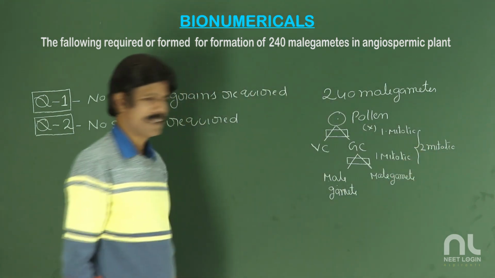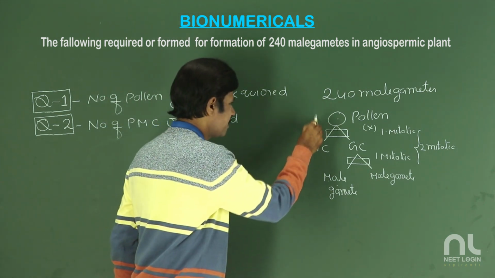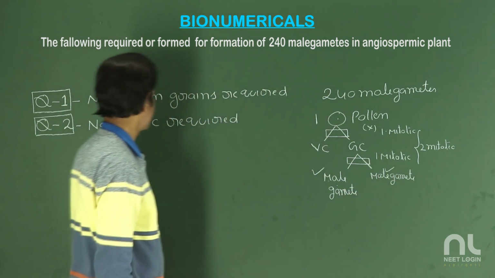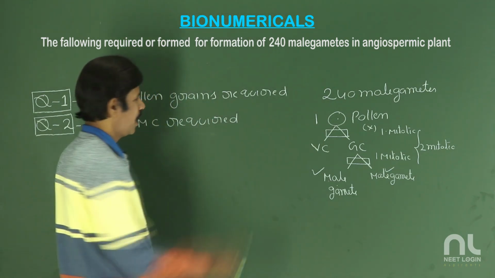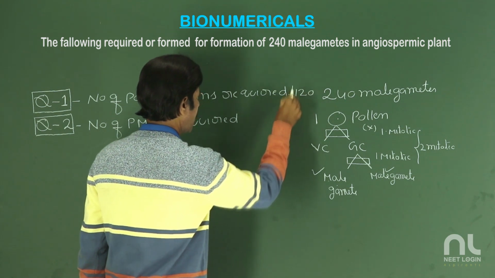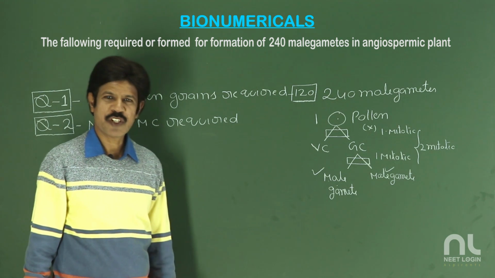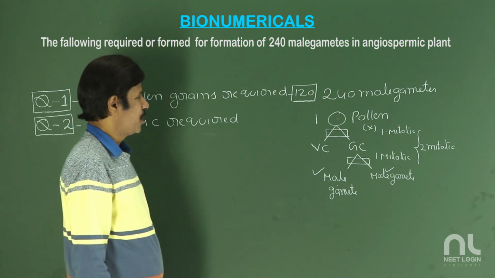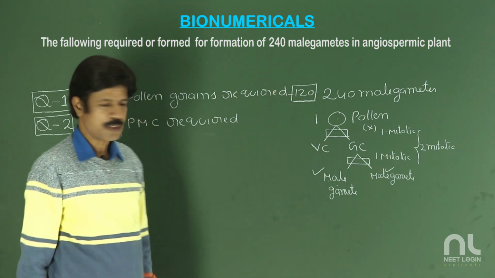Two mitotic divisions from one pollen grain. So from one pollen grain, two male gametes. 240 male gametes, how many pollen grains are required? 120 pollen grains are required.